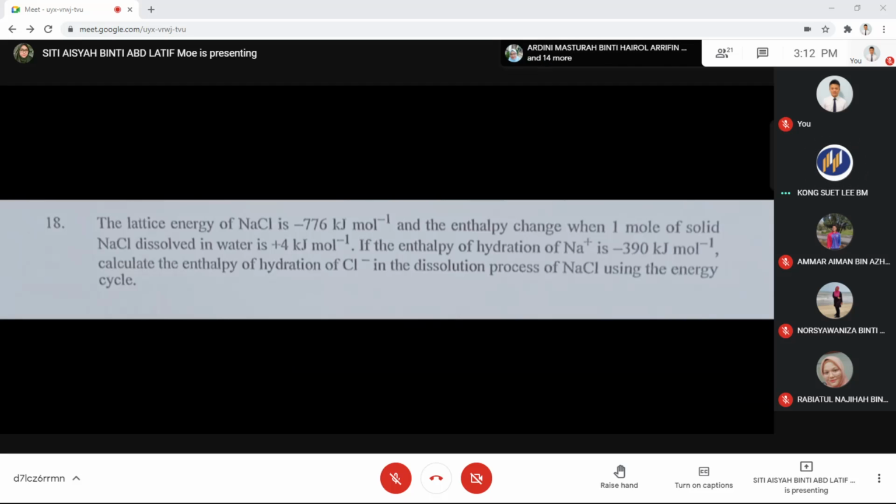If the enthalpy of hydration of Na plus is negative 390 kJ per mole, calculate the enthalpy of hydration of Cl negative in the dissolution process of NaCl using the energy cycle.